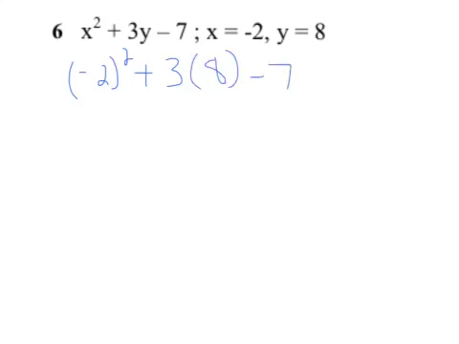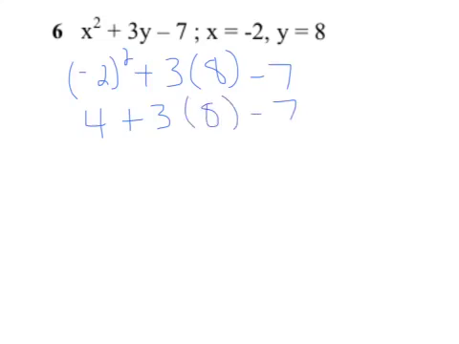minus 7. So order of operations, we see parentheses, but no operations inside, they're just single numbers. So we move on to the exponents. So it's negative 2 times itself, that's what squared means, so negative 2 times negative 2 gives me positive 4, plus 3 times 8 minus 7.